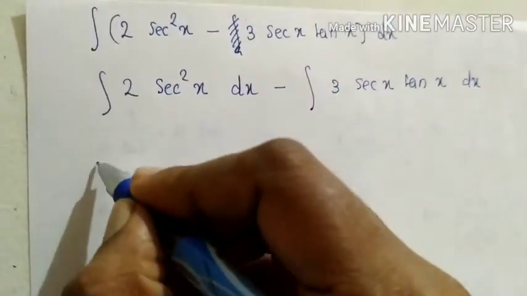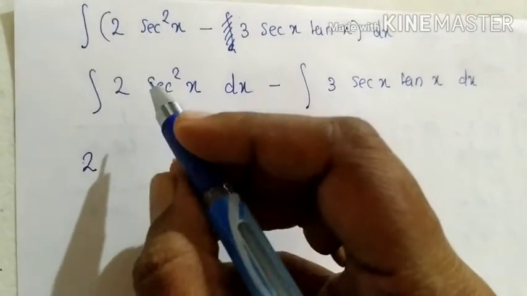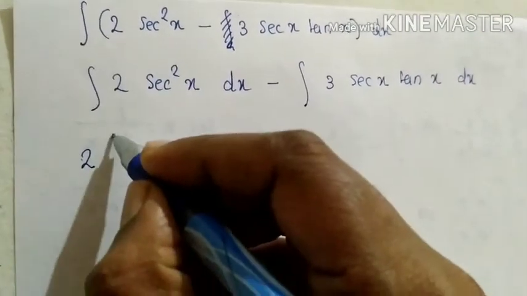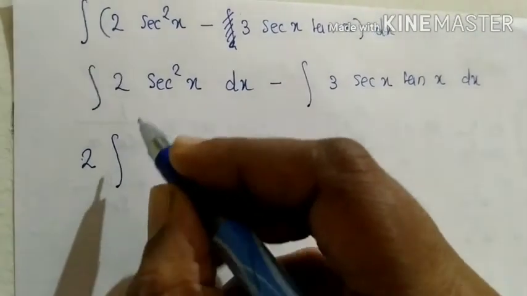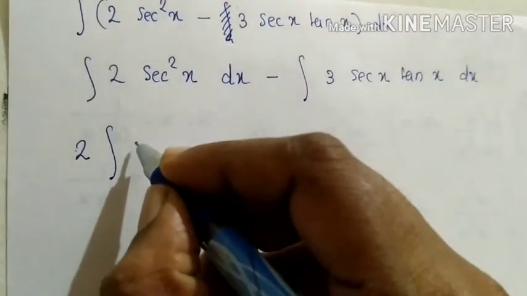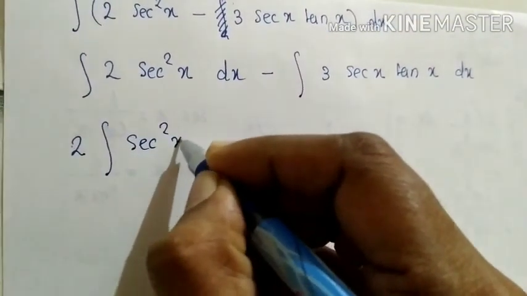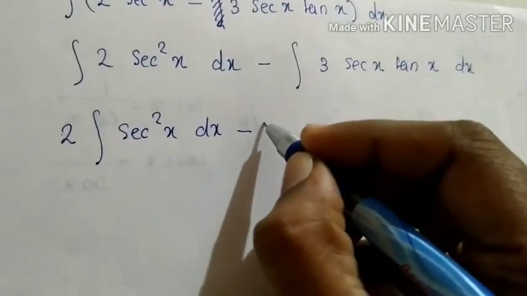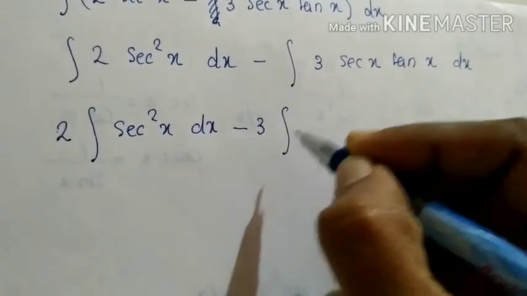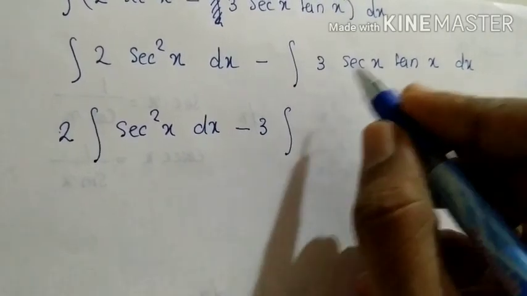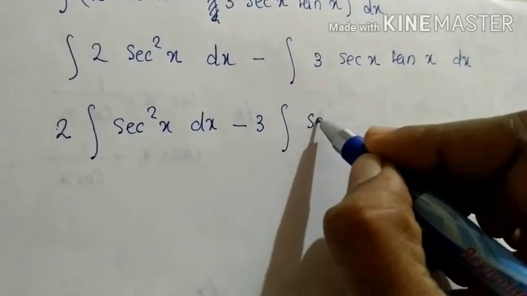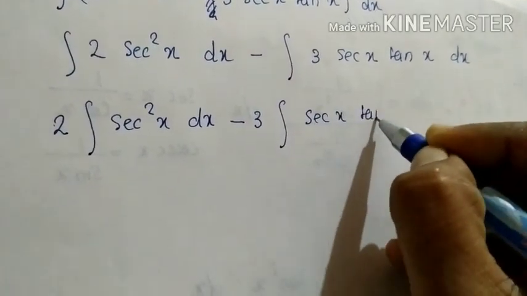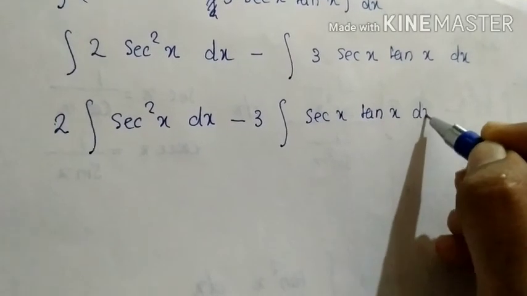And here 2 is a constant, so taking this 2 outside the integral, it becomes 2 into integral sec square x dx minus, and also taking this 3 outside, it becomes 3 into integral sec x tan x dx.